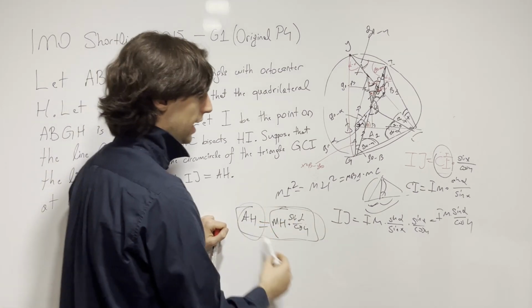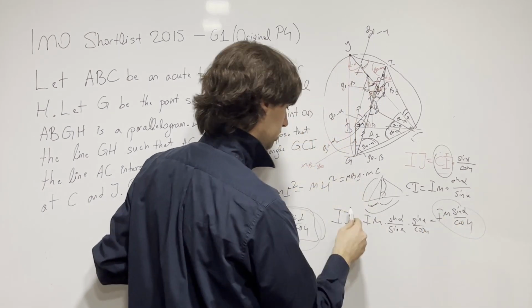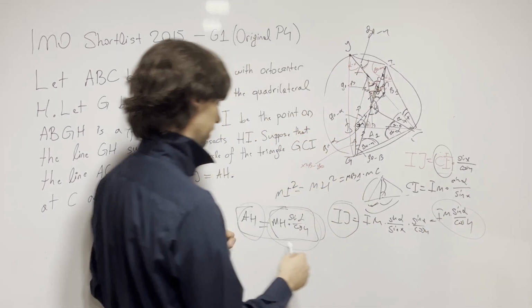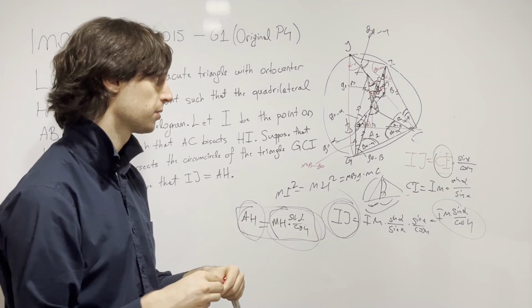And now this gives us AH is equal to this, which is equal to this, and so AH is equal to IJ. And that's a way to solve it.